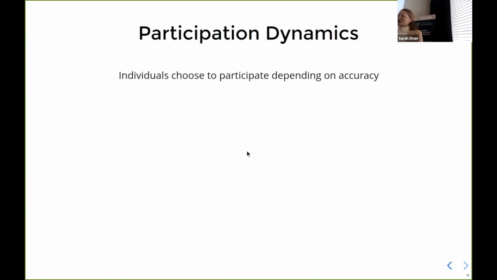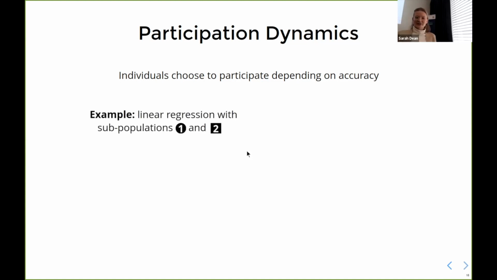And here I'm thinking of a setting where individuals choose to participate in different online platforms, different learning-based services, depending on the accuracy. So for example, I might use Spotify because I think that it has better playlist generation compared to Google Music. And just a very simple example, let's say that there's roughly two subpopulations of individuals, right?